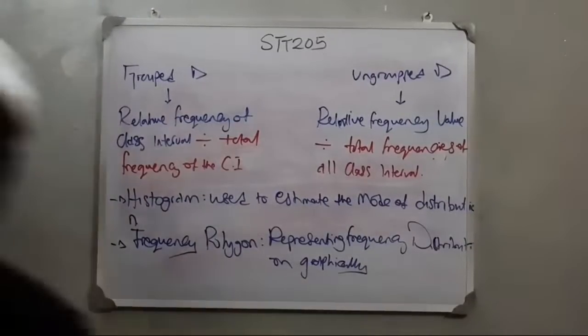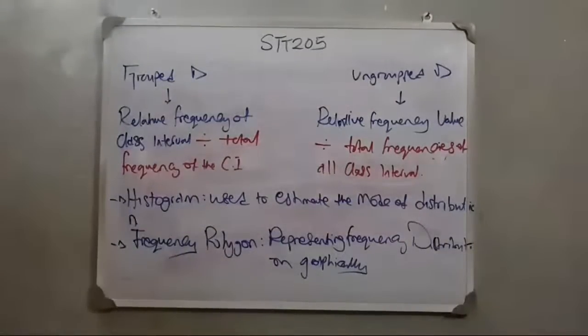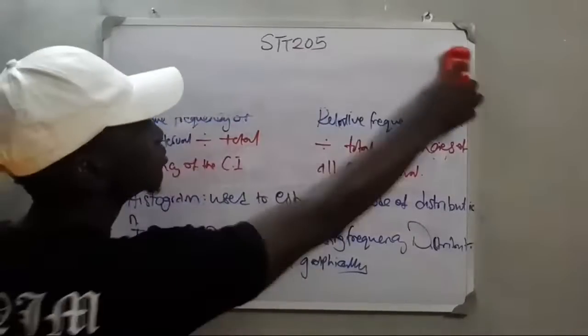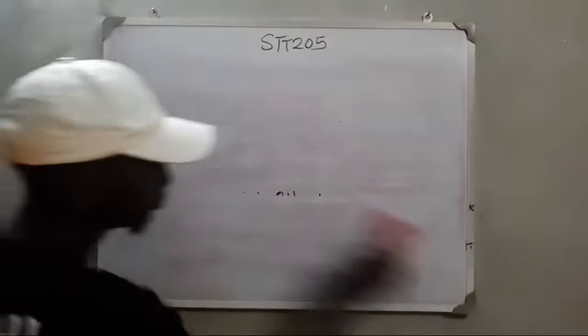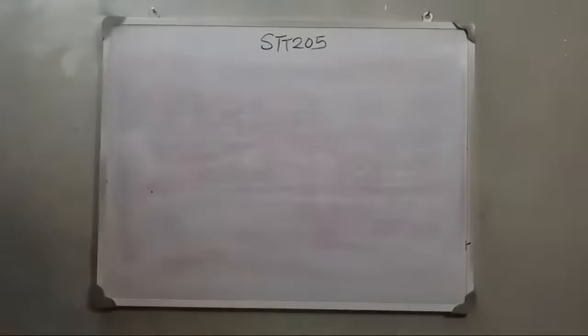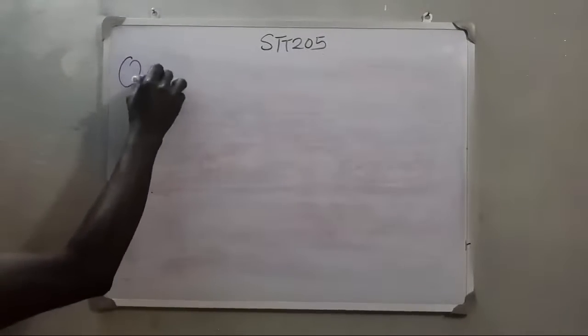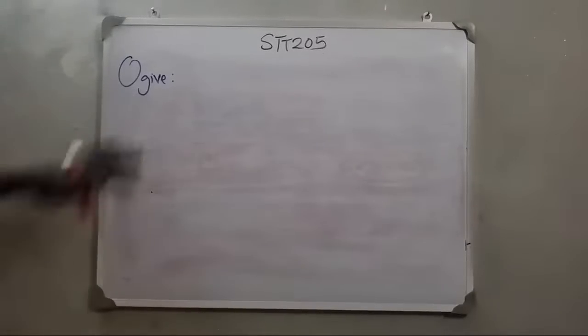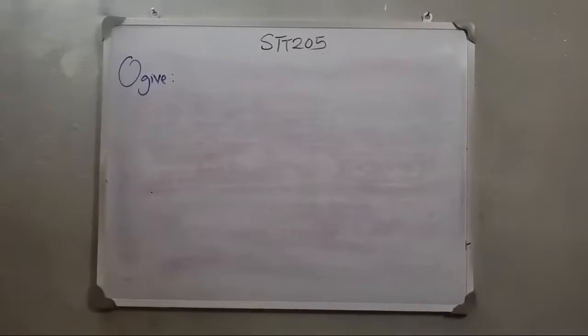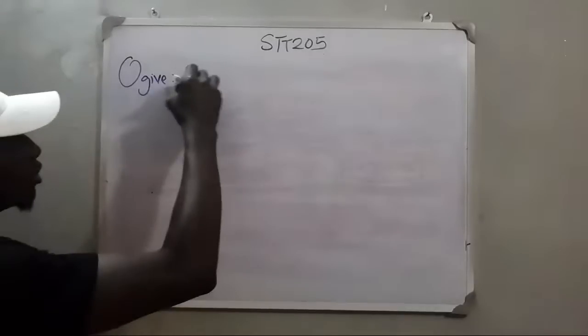Now let's proceed. Let's talk about the ogive. There's some other name used in representing the ogive, which is referred to as the cumulative frequency distribution curve.